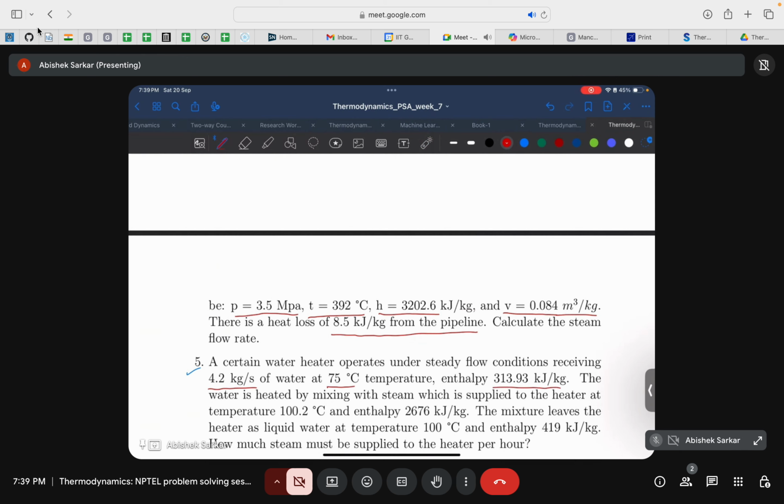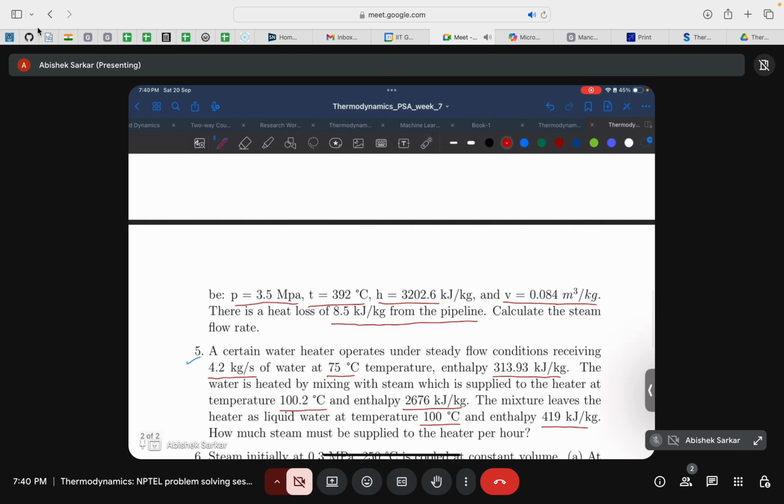These are the inlet conditions, and the water is heated by mixing with steam which is supplied to the water heater at a temperature of 100.2 degrees Celsius and an enthalpy of 2676 kilojoule per kg. The mixture leaves the heater as liquid water at a temperature of 100 degrees Celsius and an enthalpy of 419 kilojoule per kg. You need to find how much steam has to be supplied to the heater per hour.